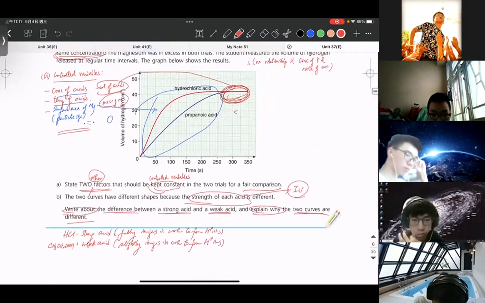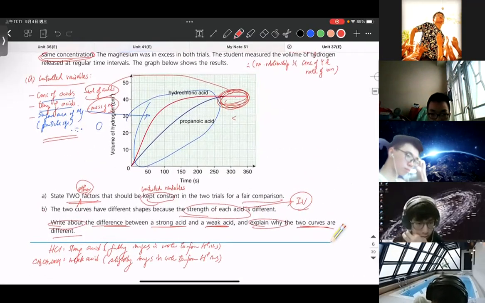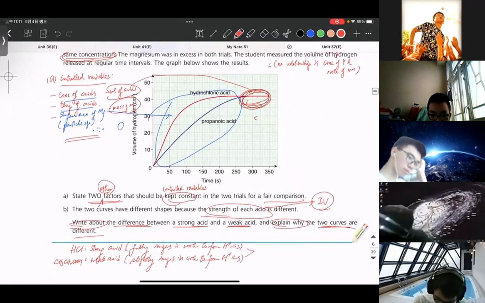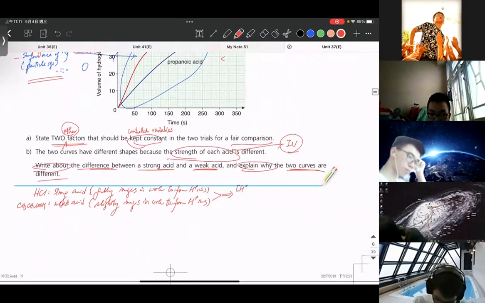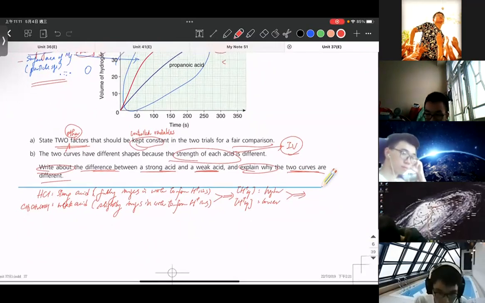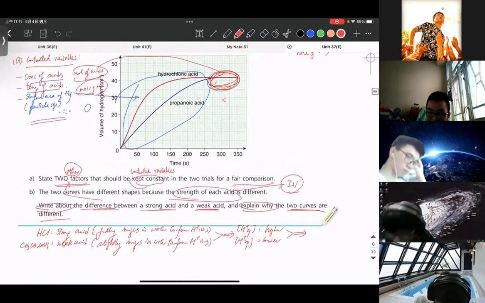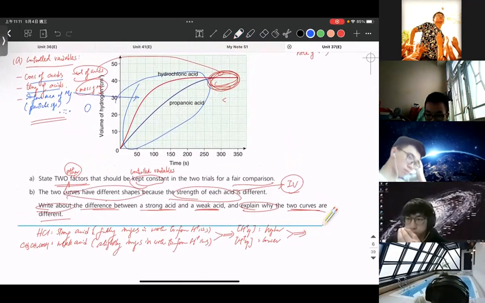With the concentration of acid being the same, here comes the difference: the concentration of hydrogen ions in these two cases is different. For HCl, it is higher. For propanoic acid, it is lower. So you are going to compare the two. From the graph, go back to the graph. How will you know that the HCl will have a faster rate?